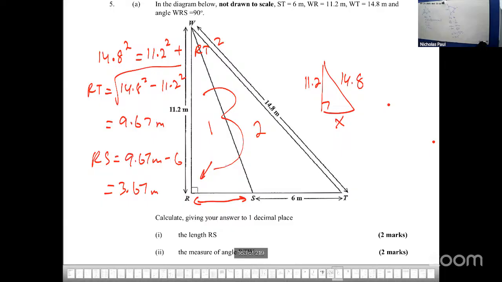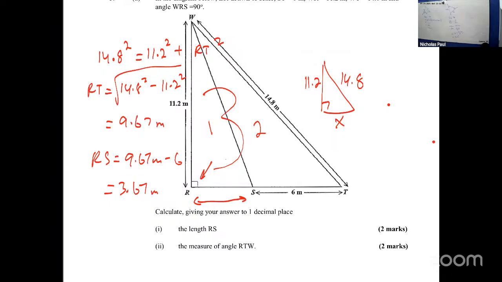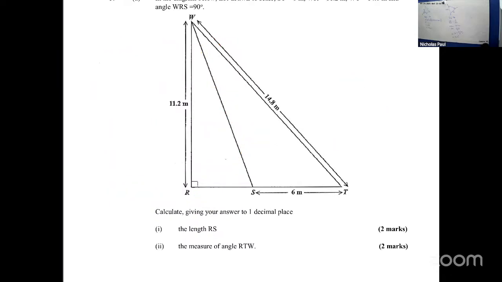The next part of the angle. Next is to find the angle RTW.